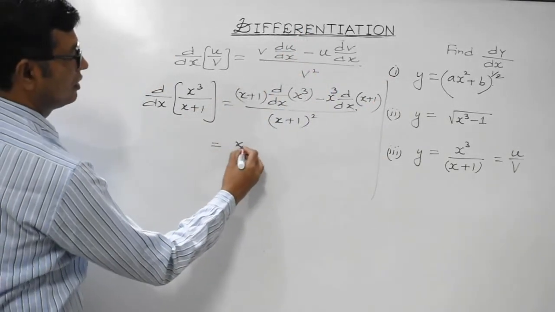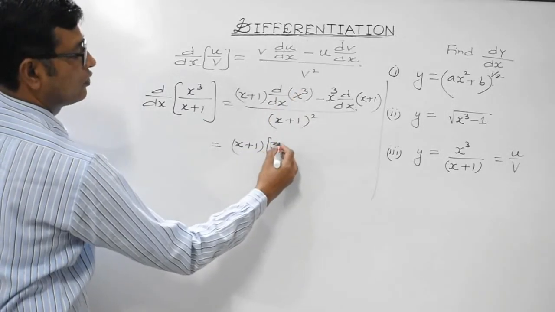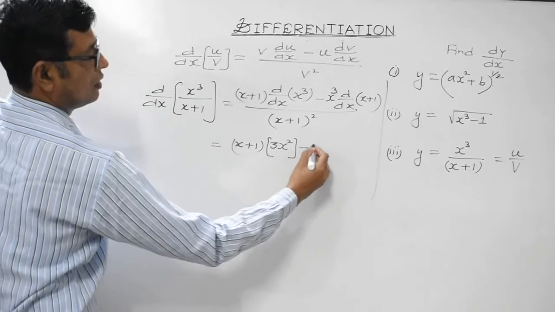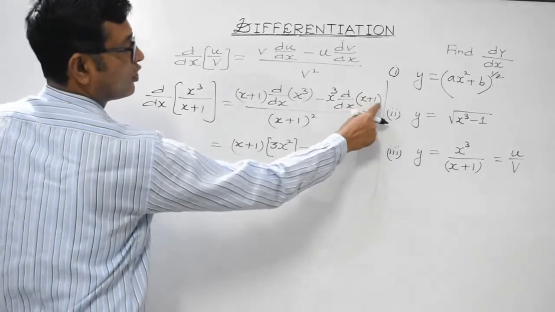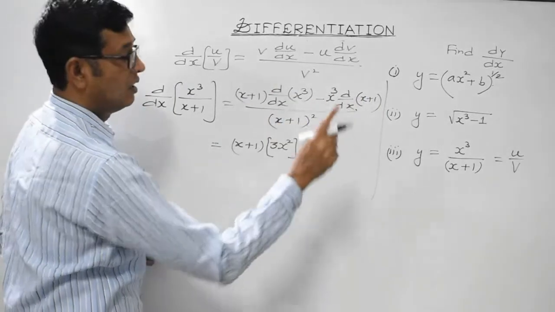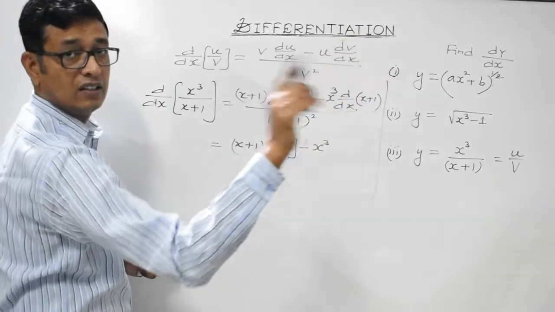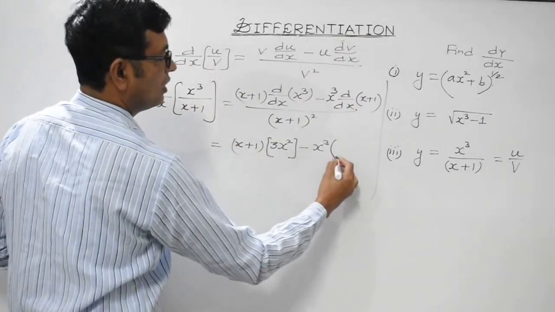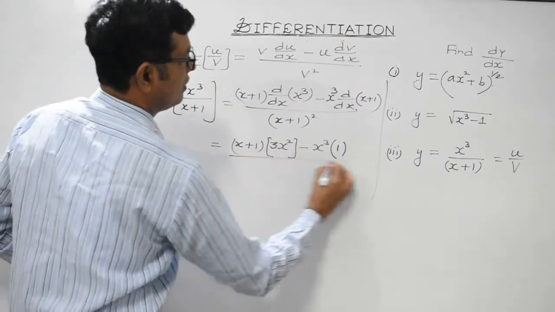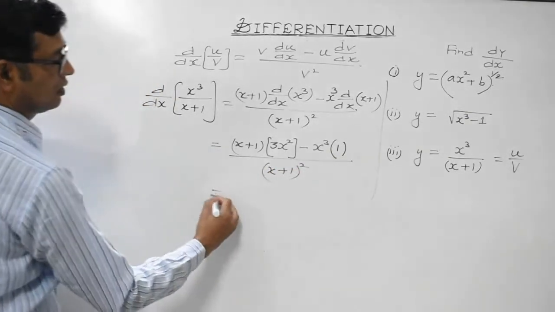So what you get is x plus 1, differentiation of x cube is 3x square, minus x cube. What is differentiation of x plus 1? Open the bracket, dx by dx is 1. And differentiation of 1, d by dx of 1, is 0, 1 being constant. So it will be 1 plus 0, that is 1. Divided by x plus 1 whole square.